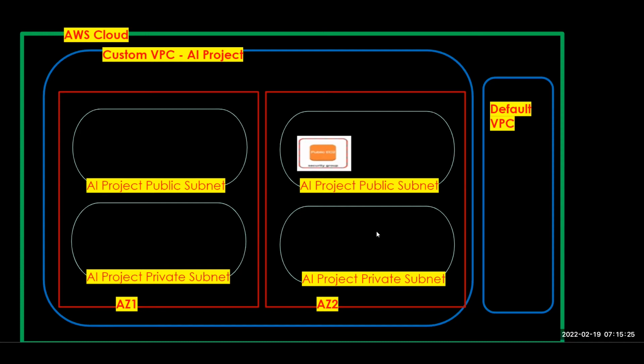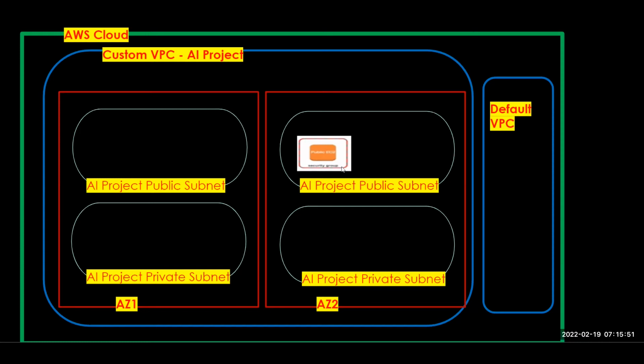Private subnet means there will be no public IP. In the public subnet, there will be a public IP for the resource, but in the private subnet, only a private IP will be there. That IP works only within the AWS boundary, so outside people will not be able to access it.